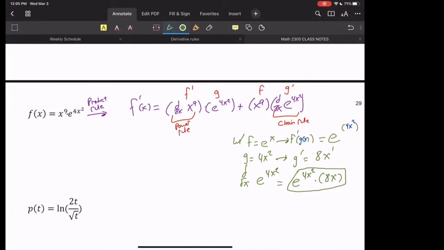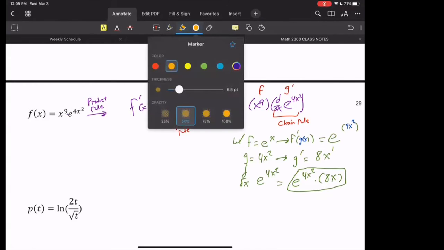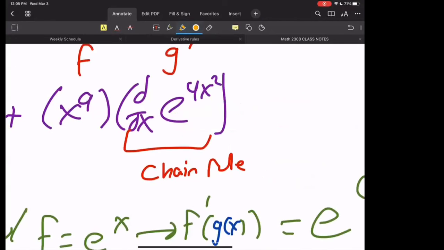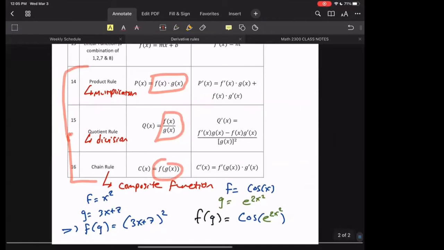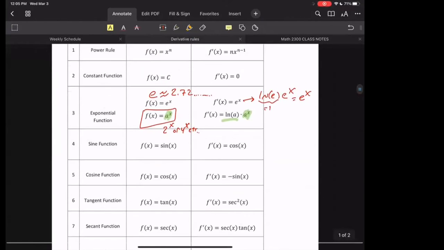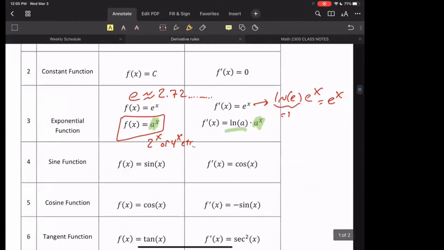Is that all right? Why are the exponents the inside? The 4x squared, you mean? Yeah. As I was honing in on this one particular problem, I'm thinking about the rules we have and what I know about them.